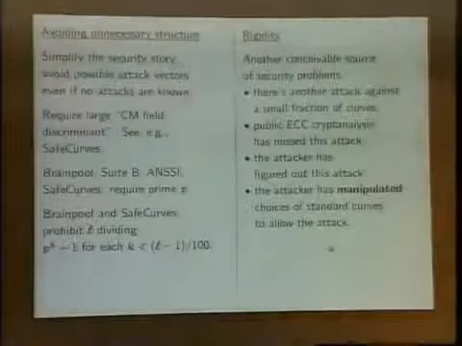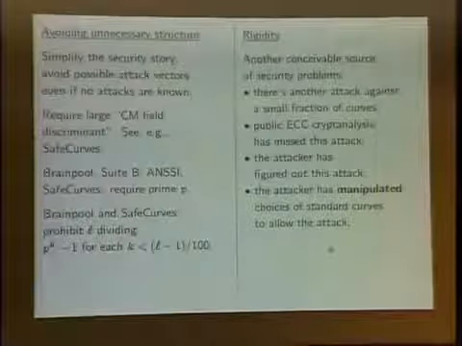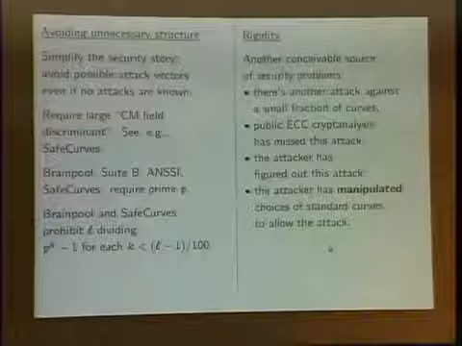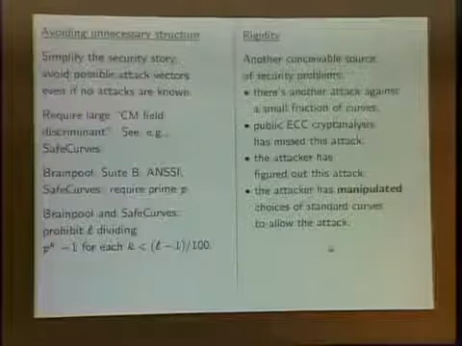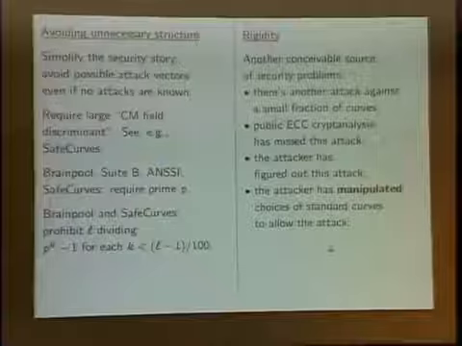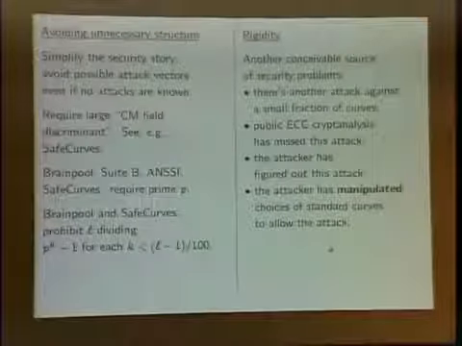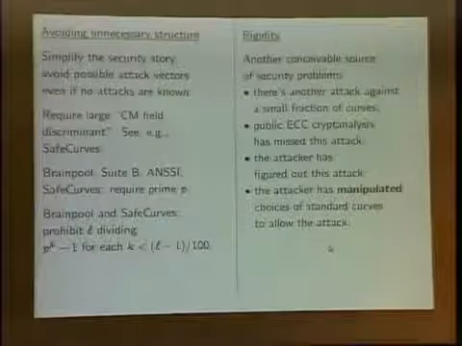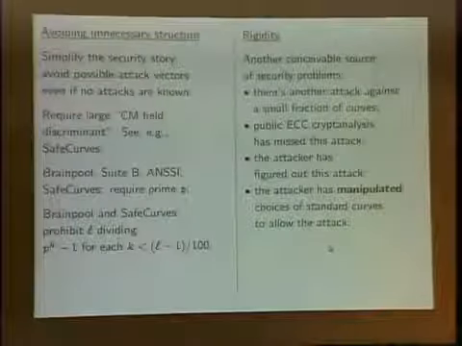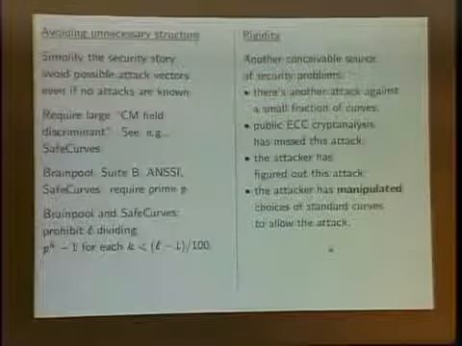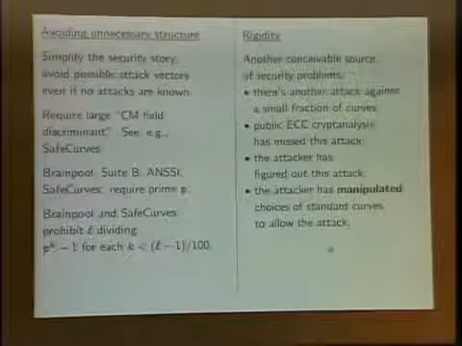So if you're worried about all these things where maybe there's some attack that uses this structure, we don't know what the attack is, but let's just stay away from the structure just in case, then you should also think, what if there's some attack out there that we don't know, and the attacker has manipulated our choices of curves to be vulnerable to that attack. So it's kind of an obscure situation, but maybe there's some attack we don't know, like the attacks that maybe exist that exploit this structure.